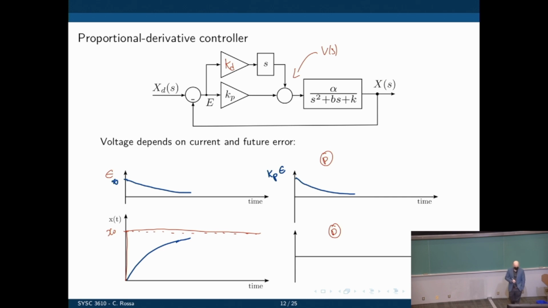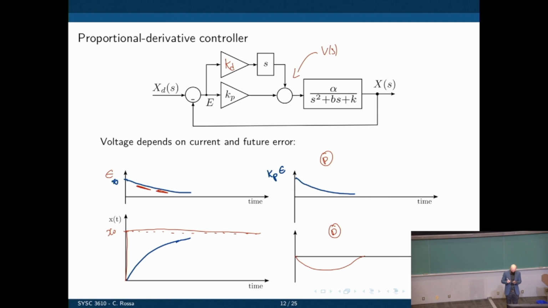What happens to the derivative? Well, the derivative component is now looking at the rate of change of the error. That is to say, it looks at the slope of the error. And the slope of the error, because the error is decreasing, the slope is negative. So the derivative should be a negative value.